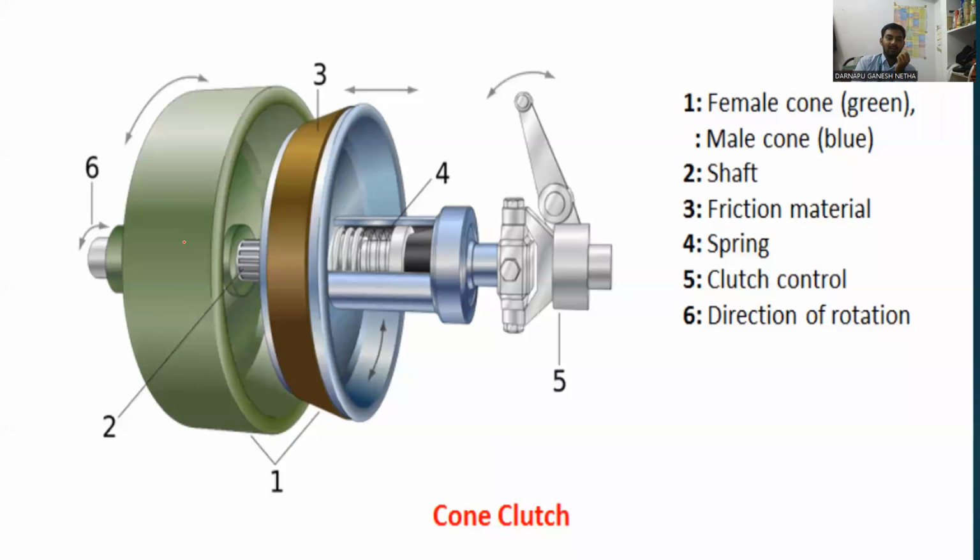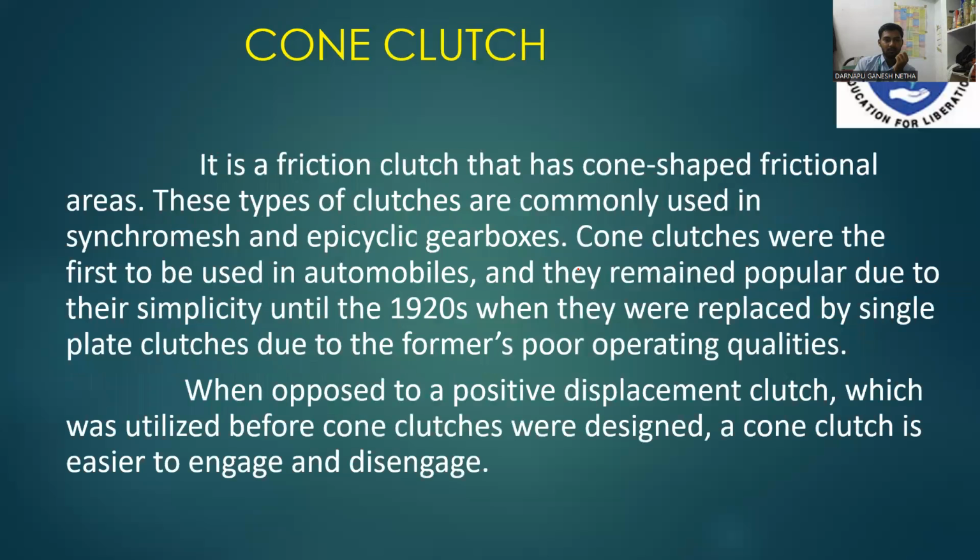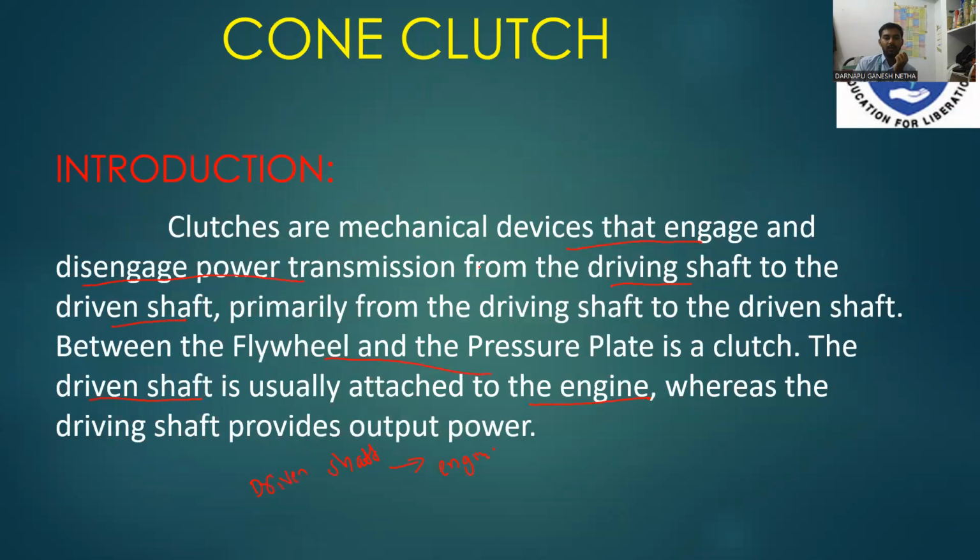It is a cone clutch diagram. It is a mechanical device which is used to engage and disengage power transmission from the driving shaft to the driven shaft.